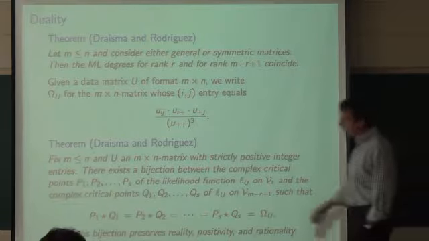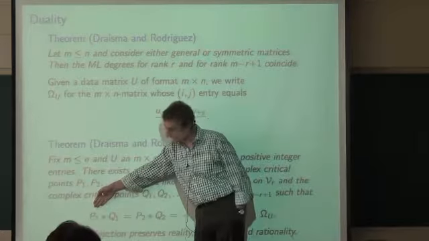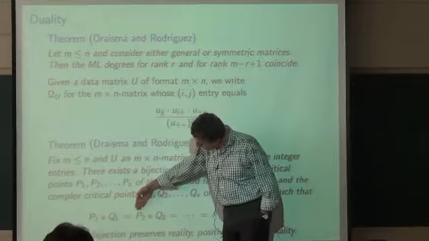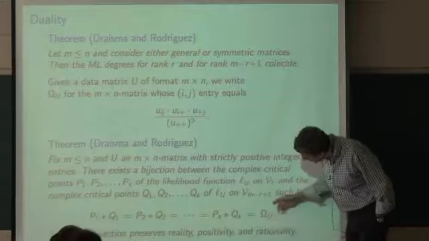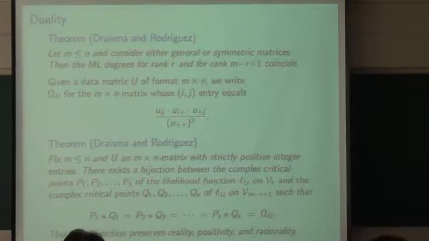The Hadamard product, the entry-wise product, of P1 times Q1 is equal to the Hadamard product of P2 times Q2 and so on, and they're all equal to omega u. Okay, that's the statement. So I can pair them up so that the Hadamard product becomes equal.